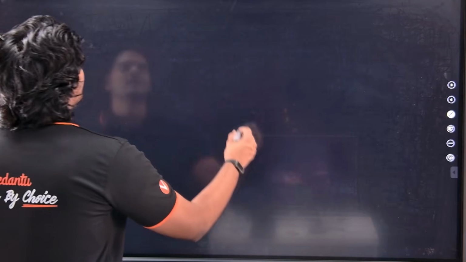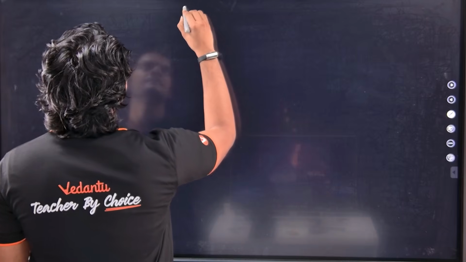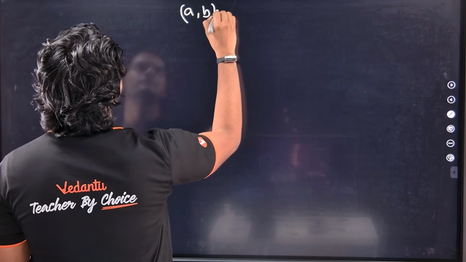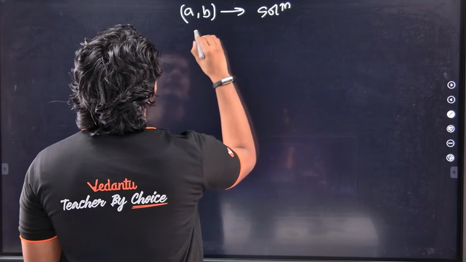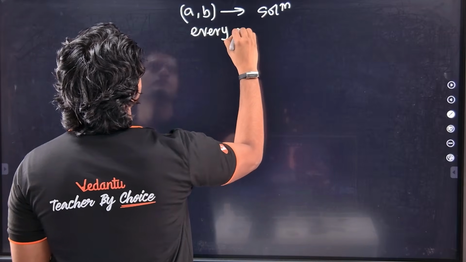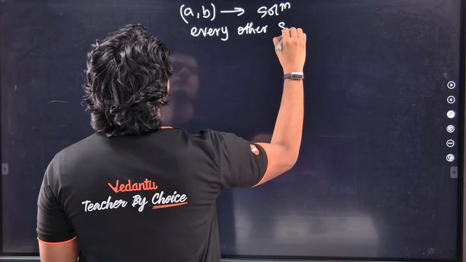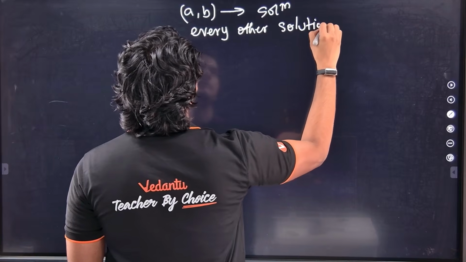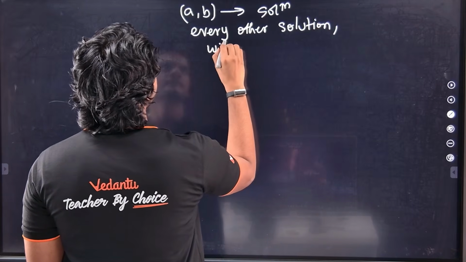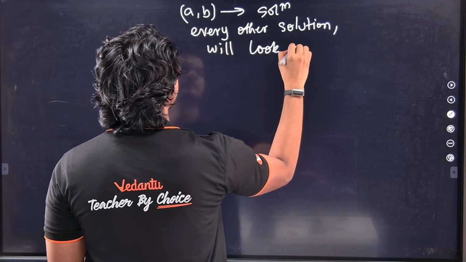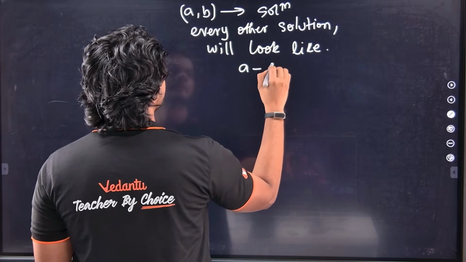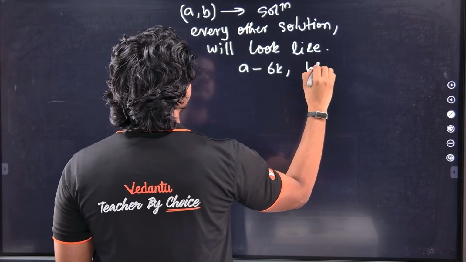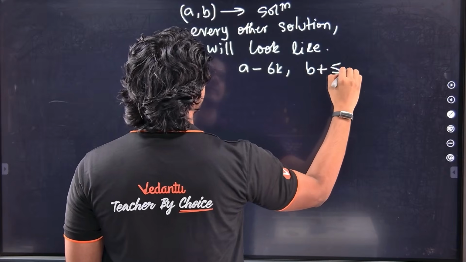So we know that if a comma b is a solution, every other solution will look like a minus 6k, b plus 5k.